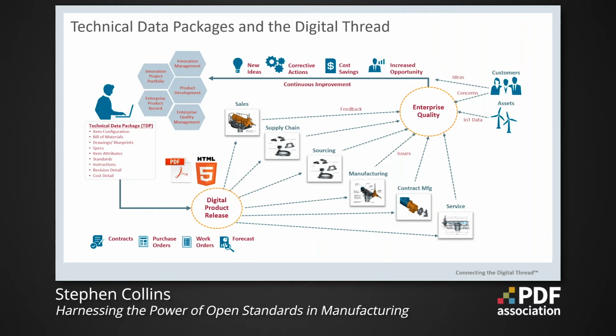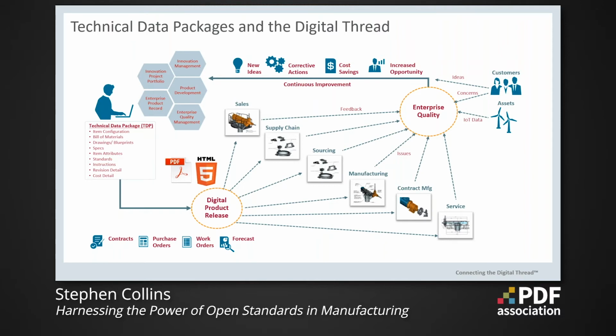So the way we think about a technical data package and its use throughout the extended enterprise is the idea that most organizations want to be able to bring together often disparate types of data from different authoritative data systems. Many large OEMs have multiple PLM, multiple ERP, homegrown data management systems.